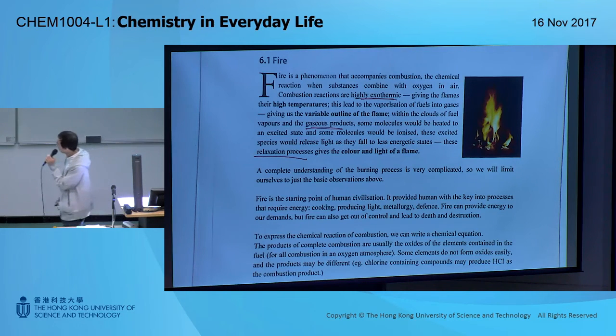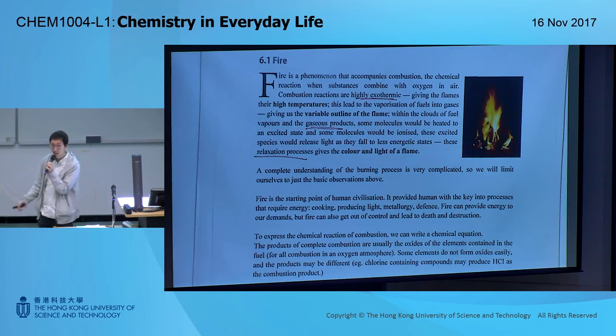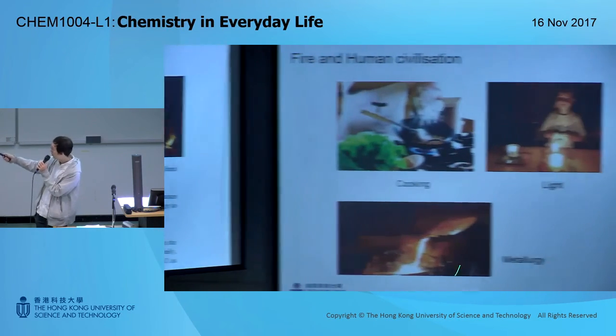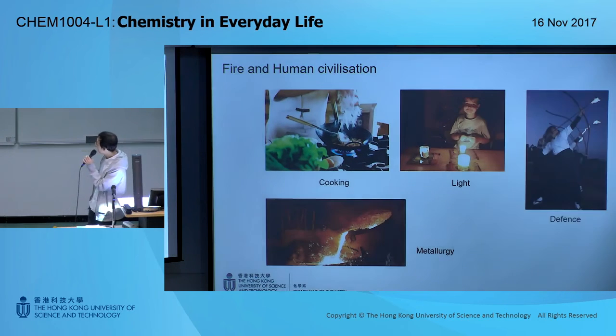Having fire allows humans to do a lot of things like metallurgy, production of metals. Remember, to produce the easiest metals like brass or copper or iron, you need to heat up the oxide with charcoal, with carbon, to a very high temperature, 1,000 degrees or more, before you produce a metal. So you need a fire to be able to produce metals.